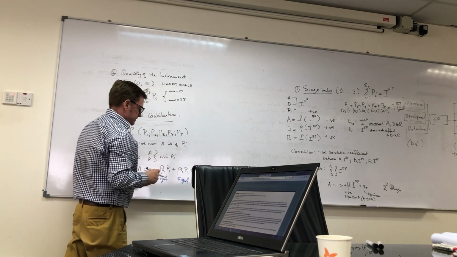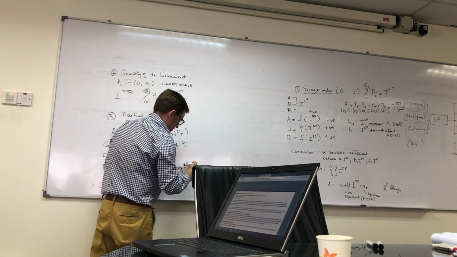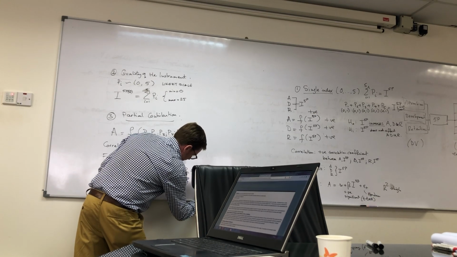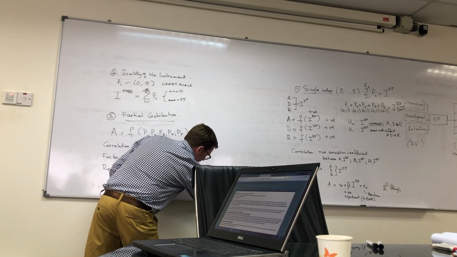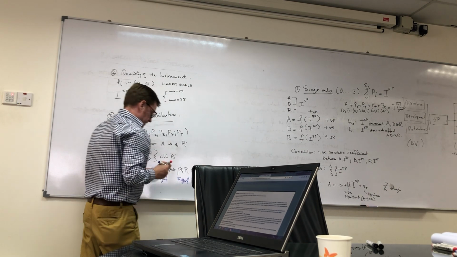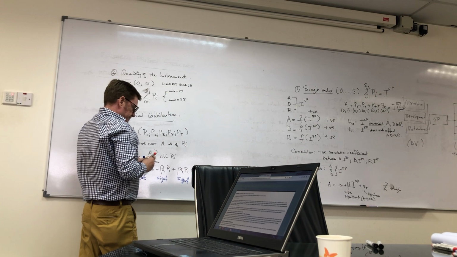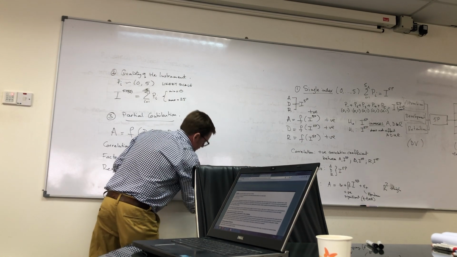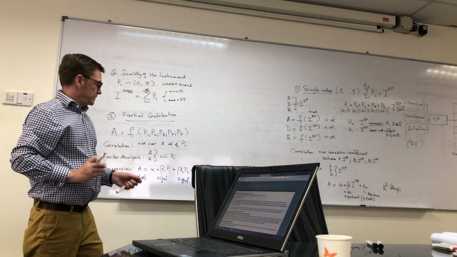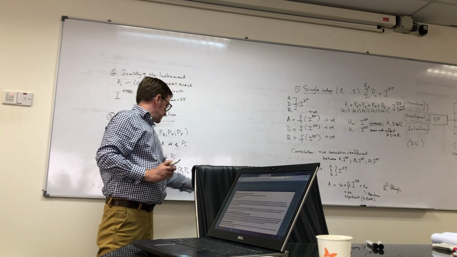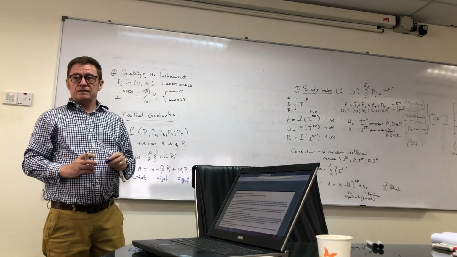Significant, right? But then I find this one is not significant. This one is not significant. And then this one is significant. Okay? That means my regression tells me that that's not important, that's not important, this is.